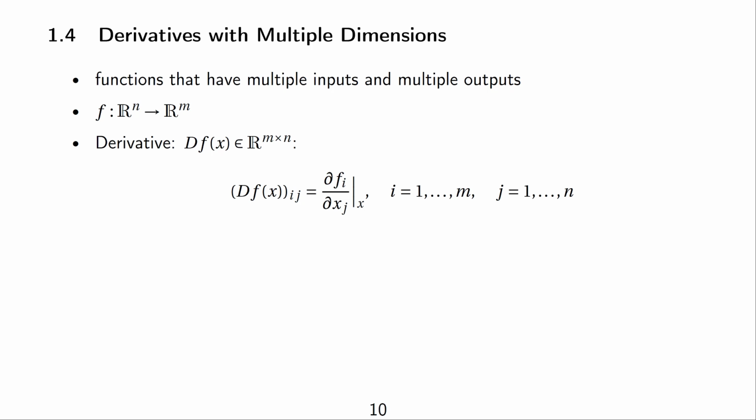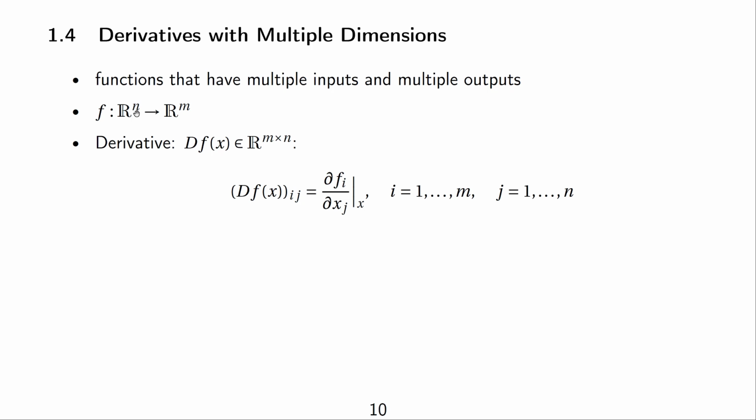We have now functions that have multiple inputs and multiple outputs. We have a function f that has n inputs and m outputs. And this is maybe a bit confusing.